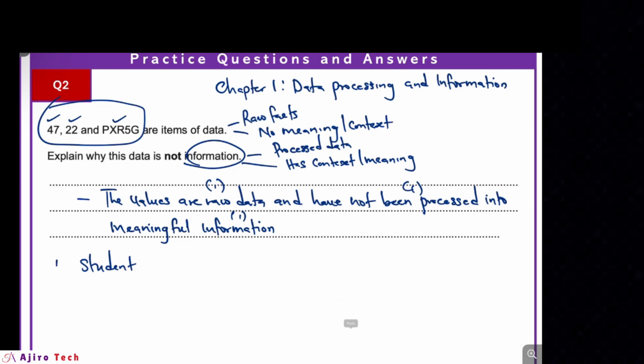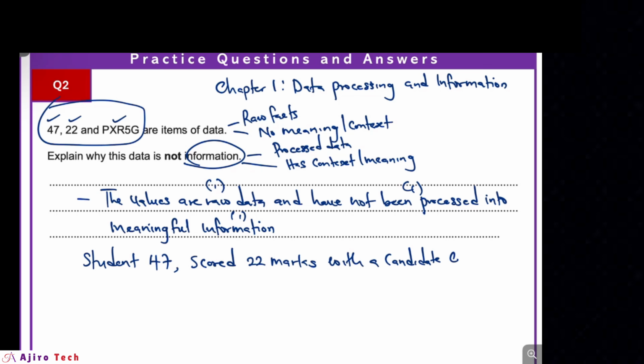Or we could say student 47 scored 22 marks with a candidate code PXR5G.